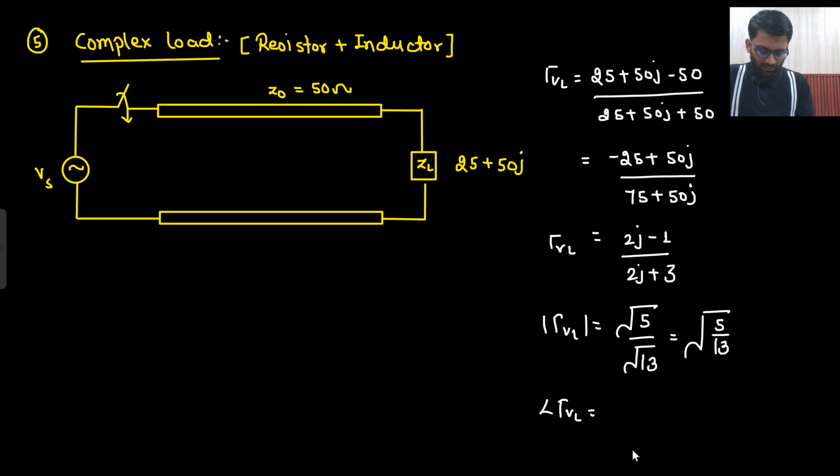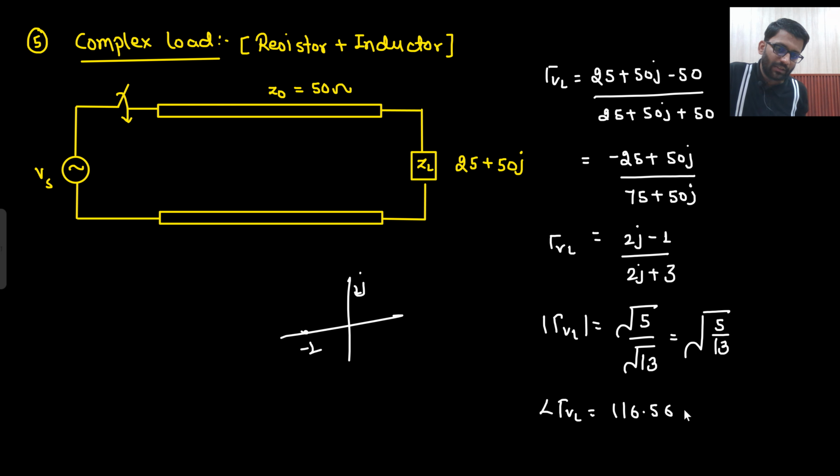This is minus 1 plus 2j. So this is in your second quadrant only. So first you will do tan inverse 2, but then you need to subtract it from 180, so that you are getting 116.56.